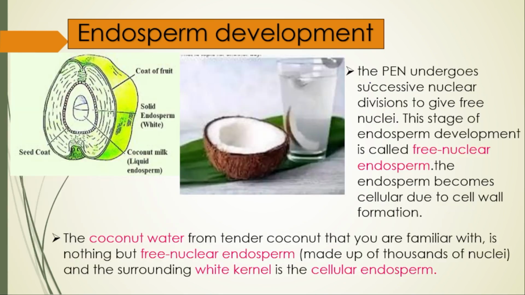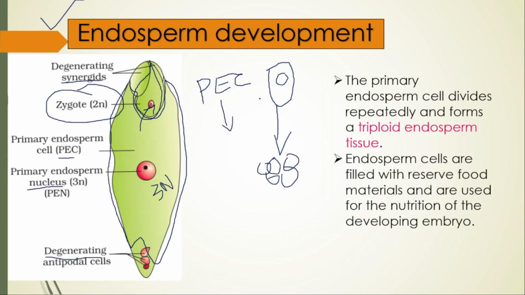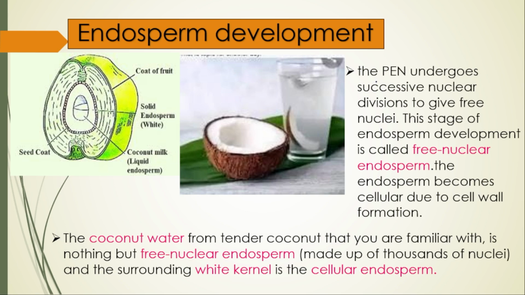See here, this PEN is there, no? The PEN undergoes successive nuclear divisions to give free nuclei. There will be only division of the nucleus: one nucleus, two nuclei, three nuclei. Many nuclei will be formed, but there will be no formation of cell wall immediately after formation of the nucleus.